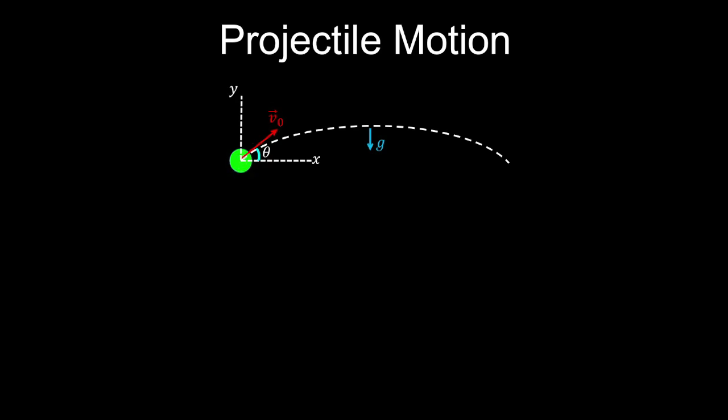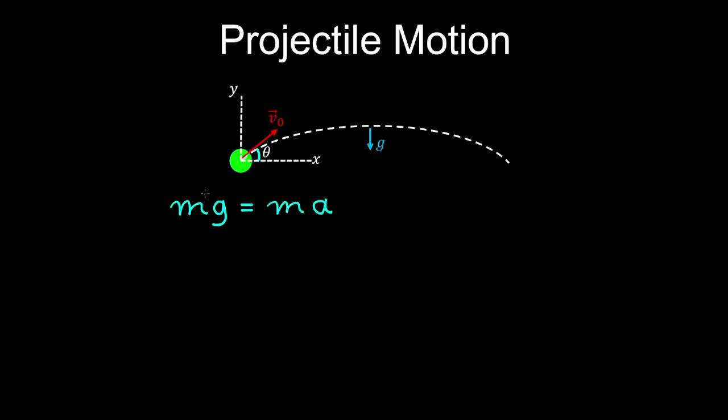An ideal motion means the projectile is under the influence of gravity, so there's no air resistance or air drag, and we ignore the rotation of the Earth. So by Newton's second law, the only force acting on a projectile is the force of weight, which is the mass of the projectile times the gravitational acceleration, and that's equal to the mass times the acceleration of the projectile.